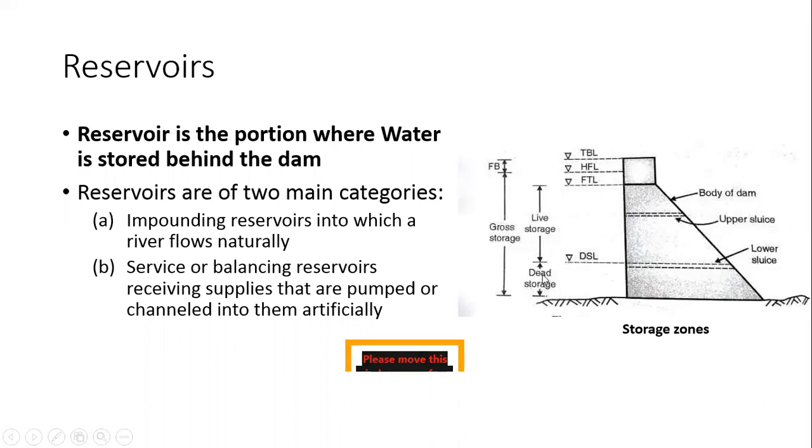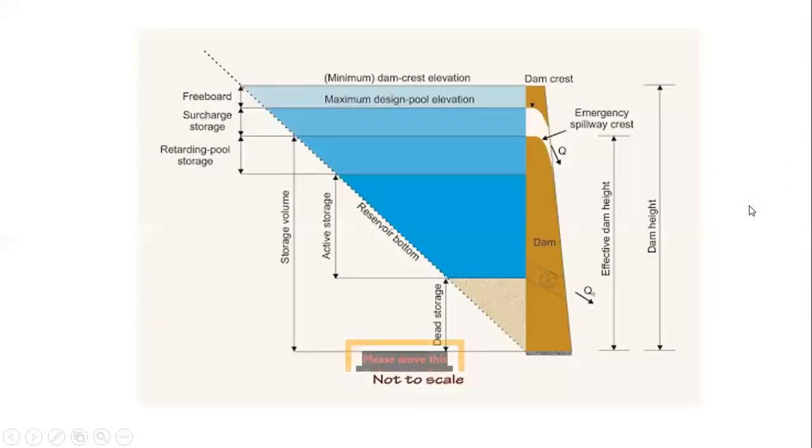The live storage plus dead storage plus certain other storages till the high flood level is called gross storage, and there is a freeboard in between high flood level and the top bund level. The same is evident from this slide. So the cross section of a reservoir: at the outlet you have a dam, and somewhere here we have a sluice gate, just to take out the minimum flows.